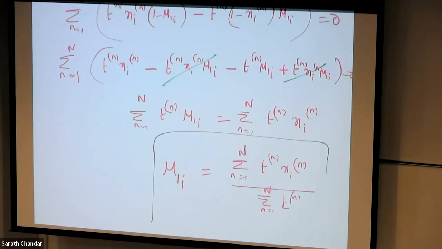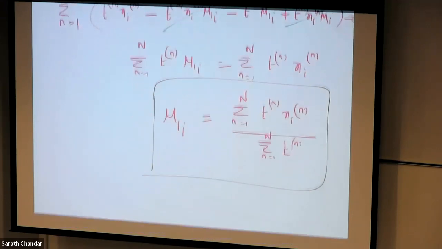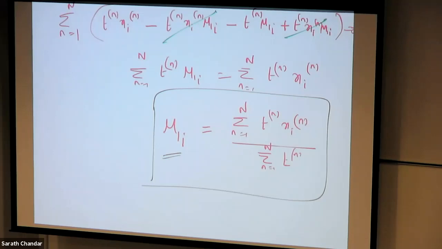What looked like a really complex derivation gave us a very simple answer. So in this case, we are considering class 1. For class 1, for feature i, what is the probability for that feature being 1?